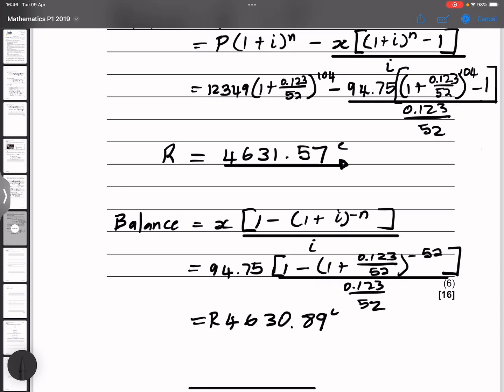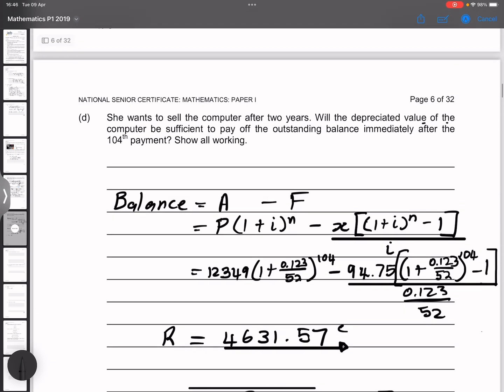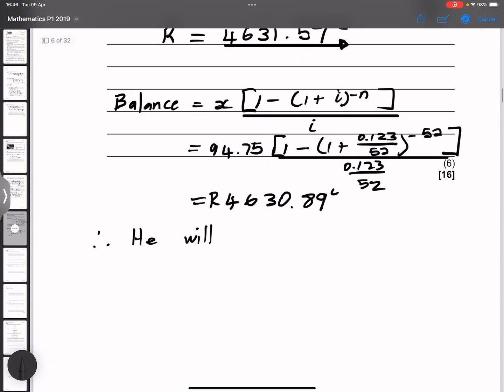But remember, in this case, we can say, therefore, it means that he will be able to cover, they said to us, will the depreciation value of the computer be sufficient? Okay, so let's say the depreciation value will definitely be sufficient. He'll actually sell this at a profit.